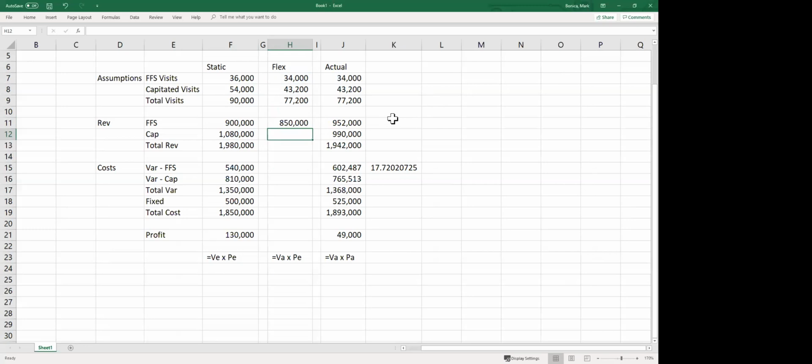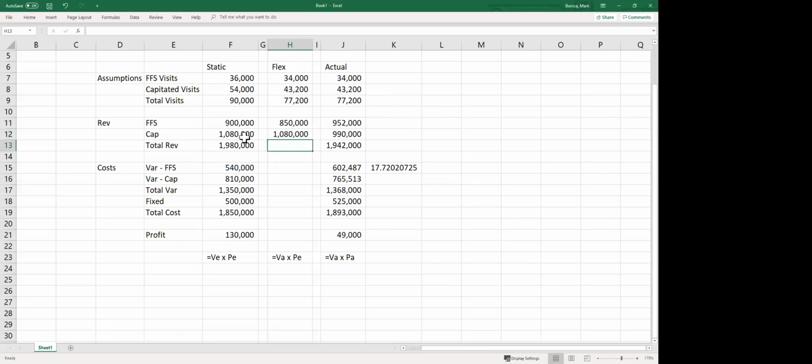Now the capitated is, our actual volume is the same, right? So our actual volume was 30,000 times the actual number of months times the original expected price of $3 per member per month.